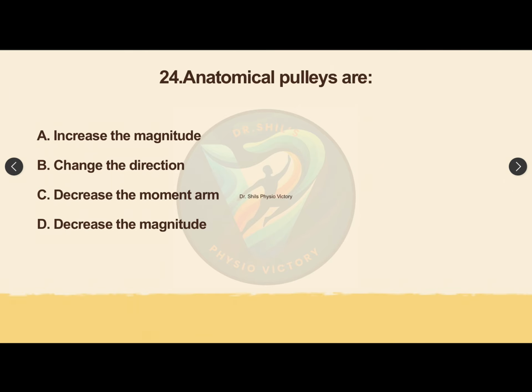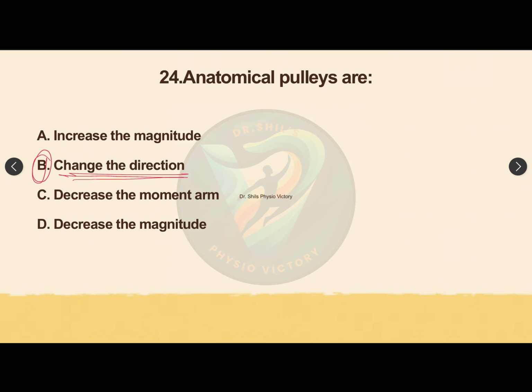Next question. Anatomical pulleys: option A increases the magnitude, option B changes the direction, option C decreases the movement arm, and option D decreases the magnitude. Here the correct answer is option B changes the direction.